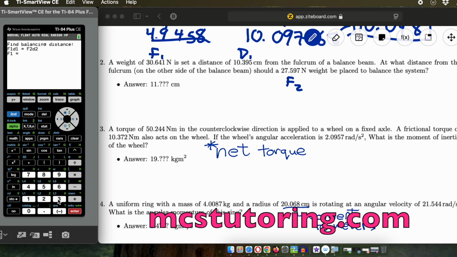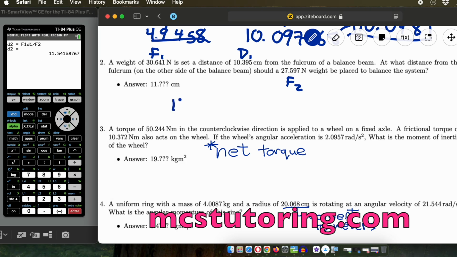F1 is 30.641, assuming newtons, distance 1 is 10.395, and F2 is 27.597. That looks like 11.54. I want 3 decimal places, so the trailing 5 makes it 11.542. Okay, good.